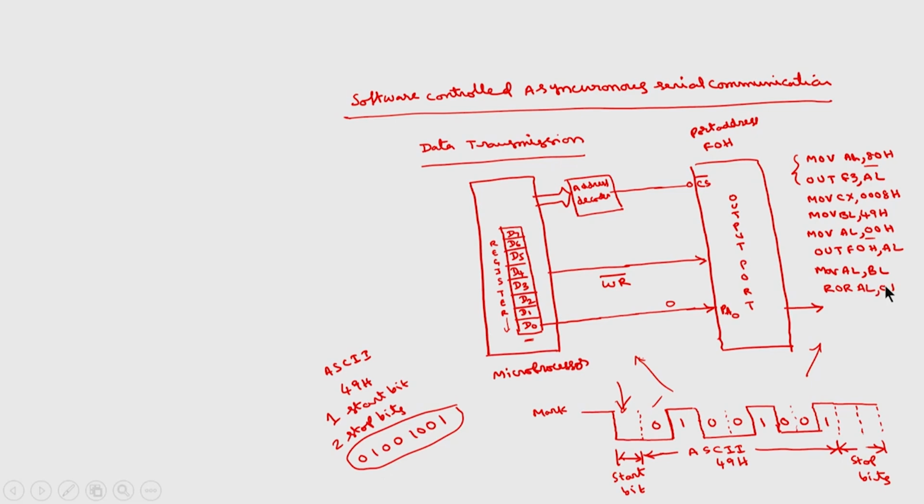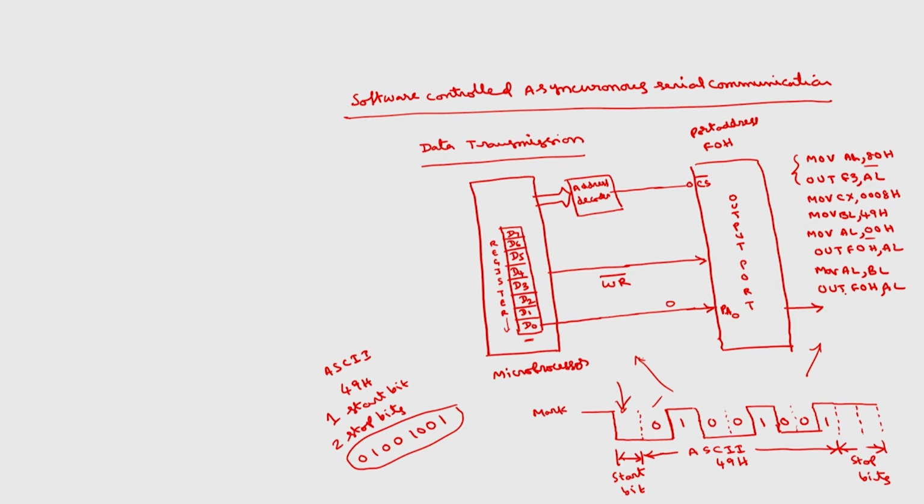First I will transmit the lower order bit as it is onto port A, PA0, and later I will rotate. So, I write OUT F0H, AL. So, what happens?